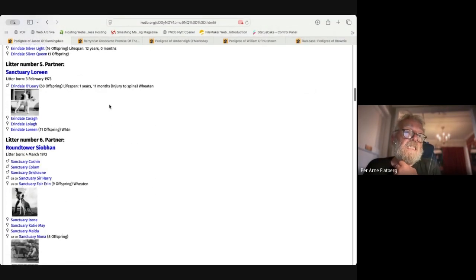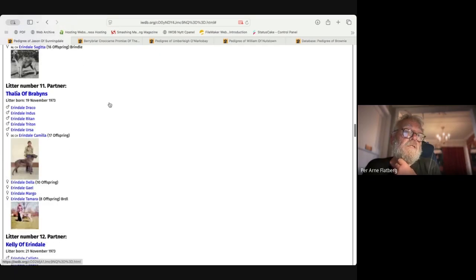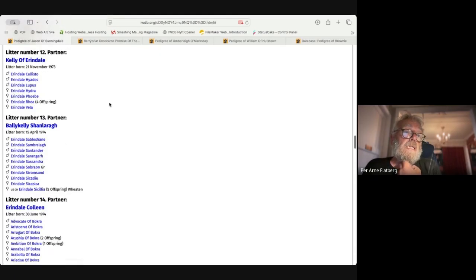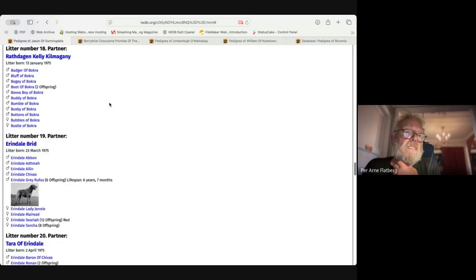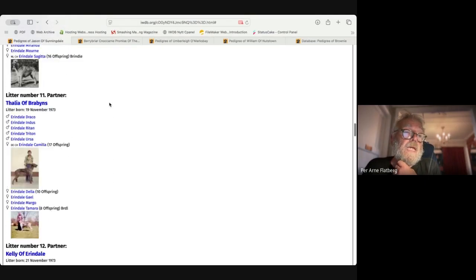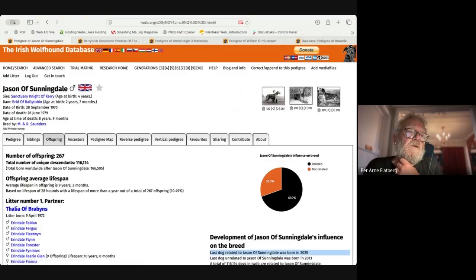Much easier these days. He was only used in the UK and somewhat in Ireland, I think, but I believe it's mainly in the UK. But a lot of his offspring again was exported to the US, to Canada, to Australia, etc., etc. And suddenly you can't breed away from him. Well, he was a good dog, so what's the problem?